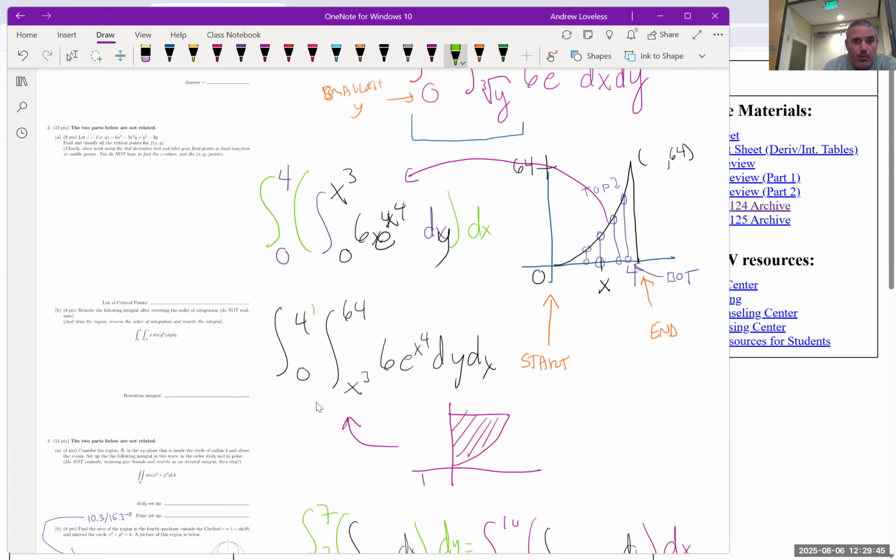So sometimes it's good to look at both and compare. For this one, as you walk up, the first thing you encounter is x cubed. That's what that distance is. And then if you keep walking, the last thing you encounter is y equals 64. Whereas in this region, the first thing you encounter is y equals 0, and the last thing you encounter is x cubed.